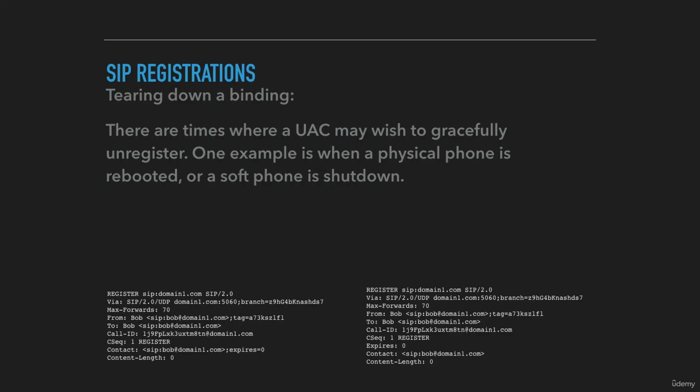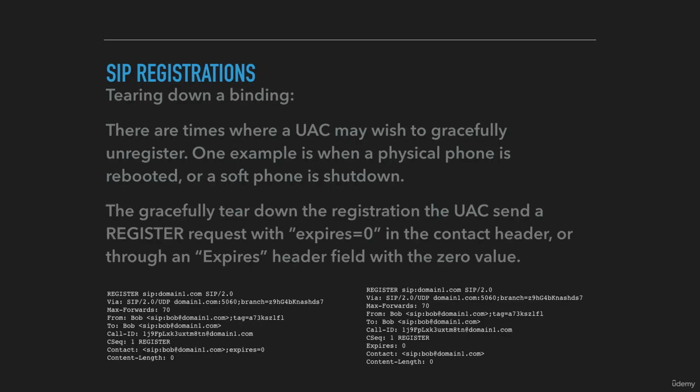One example is when a physical phone is rebooted or a soft phone is shut down. For the graceful teardown of the registration, the UAC is going to send a register request with expires equals 0 in the contact header field, or through an expires 0 header field. 2 different ways. Just the reverse of setting up how long you want your session to remain active for.